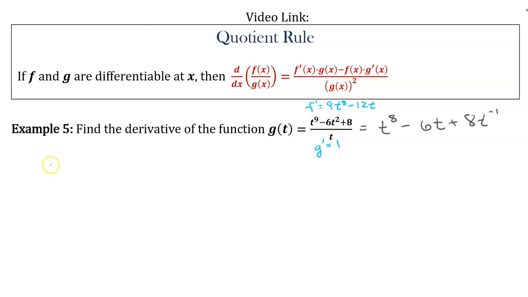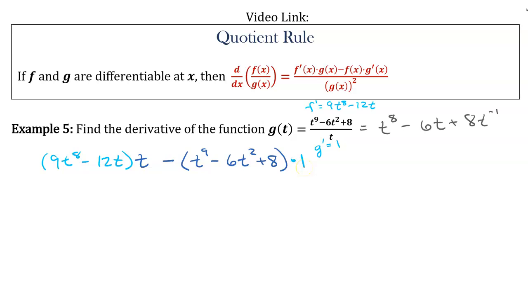F prime times g of t, minus, now be careful, this does have a minus in the formula. So when you subtract, make sure that you are subtracting correctly. Otherwise, you'll have some problems.